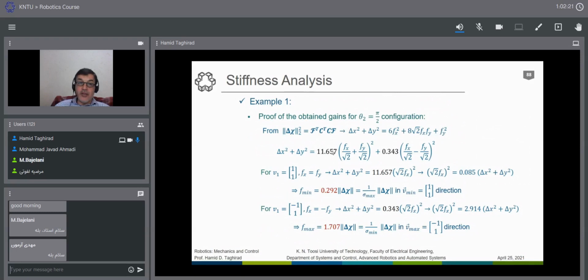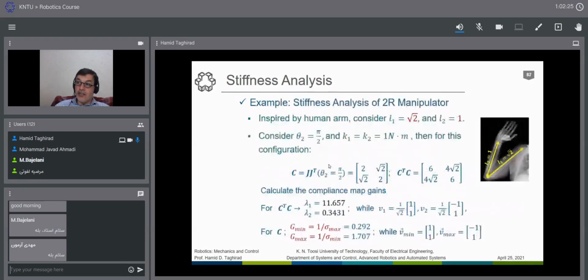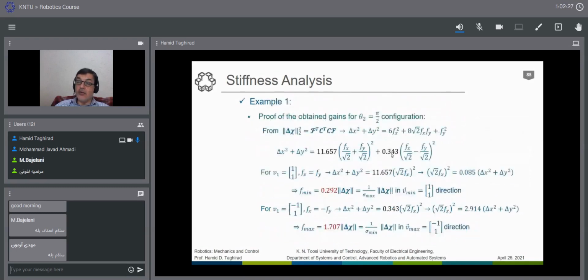So we have an eigenvector. We have 2 components, eigenvector 1 and eigenvector 2. We have the force, eigenvalue 1 with eigenvector 1, eigenvalue 2 with eigenvector 2. So we have this combination of 2 eigenvalues, and this is a general case.